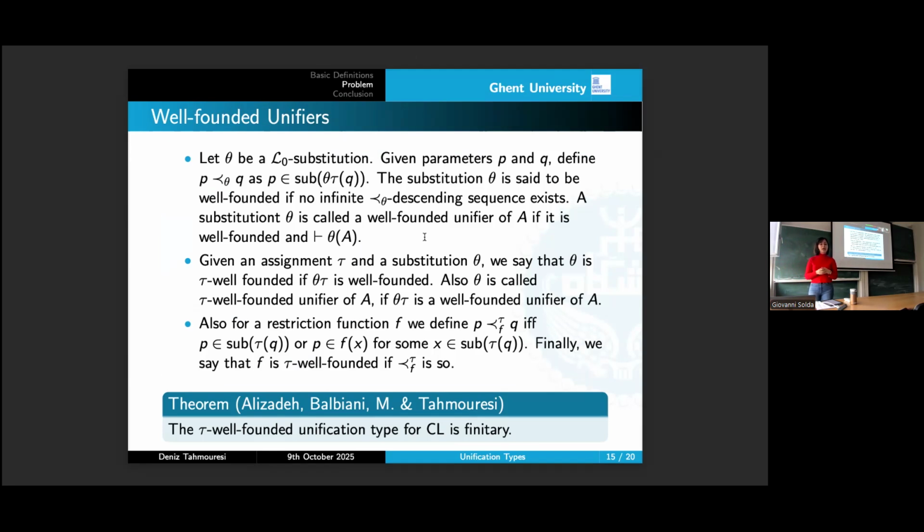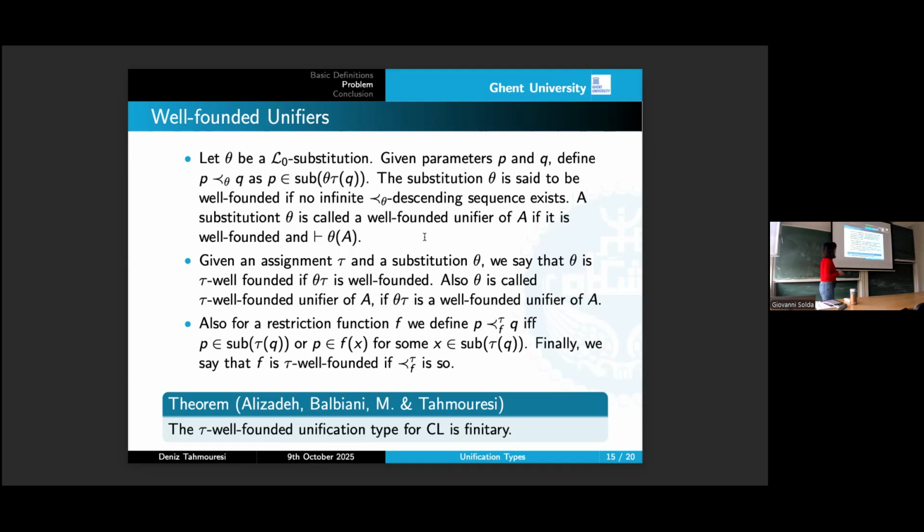And what we mean by well-founded is that for two parameters, as I said before, P is less than Q if P appears in subformulas of theta, tau, Q. That's something we have in mind. This relation should not be infinite, because then we would have some sort of circularity in it.